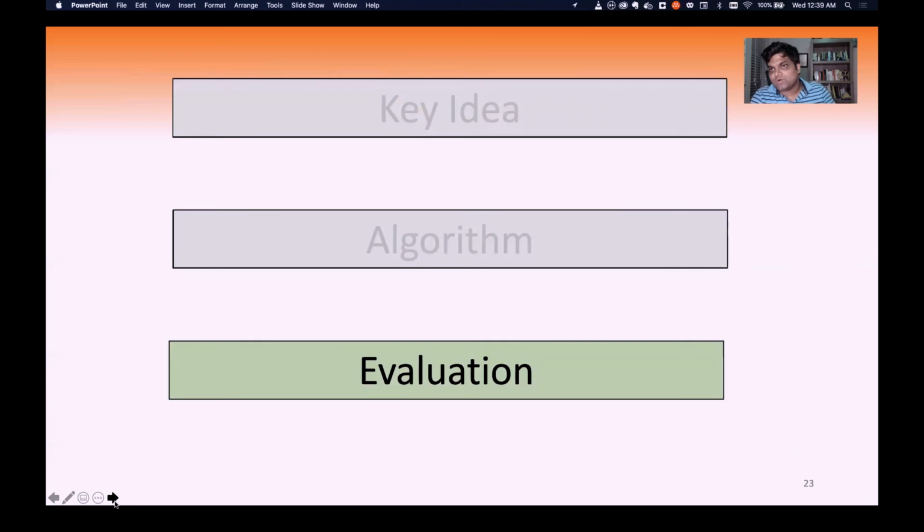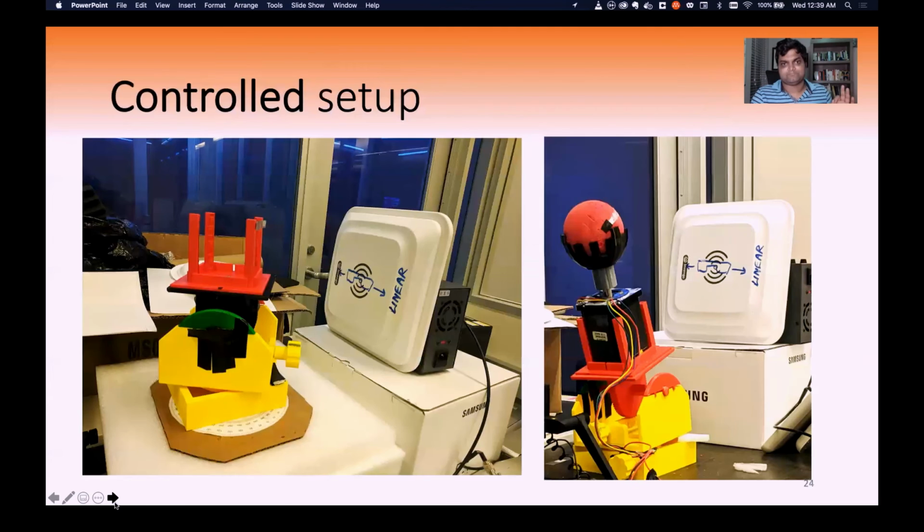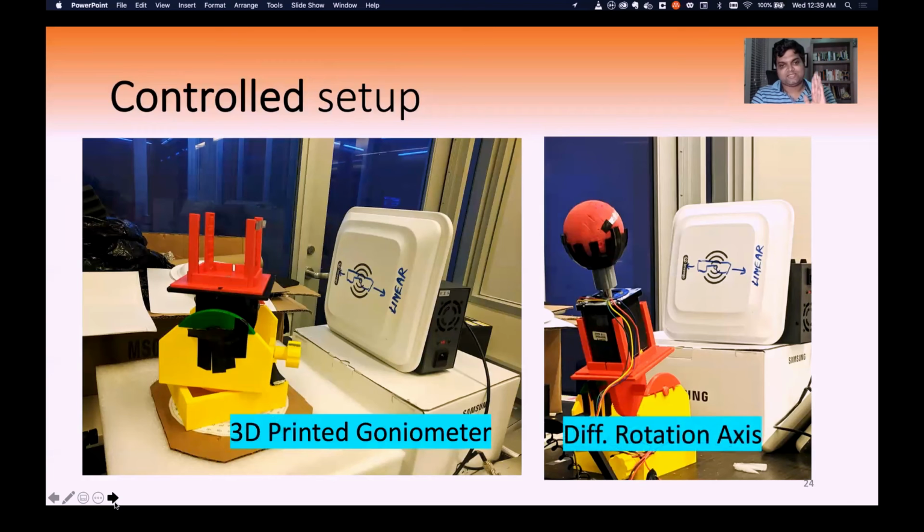So we'll go over a set of evaluations which we did in a controlled setup. We have a linear polarized antenna, and we created a goniometer, which is 3D printed, to create different fixed rotations where we can also train our model. We put the ball, and we attach the tag at different locations on the ball.